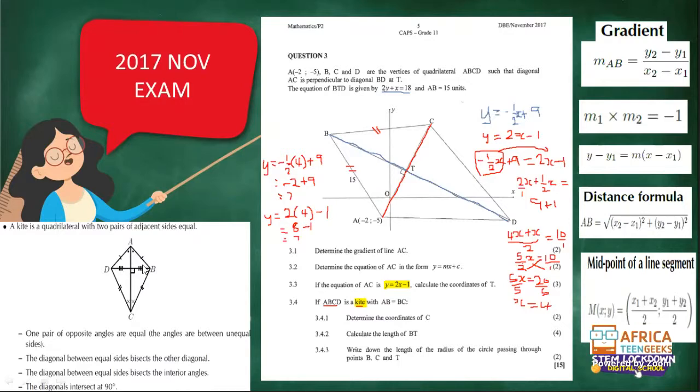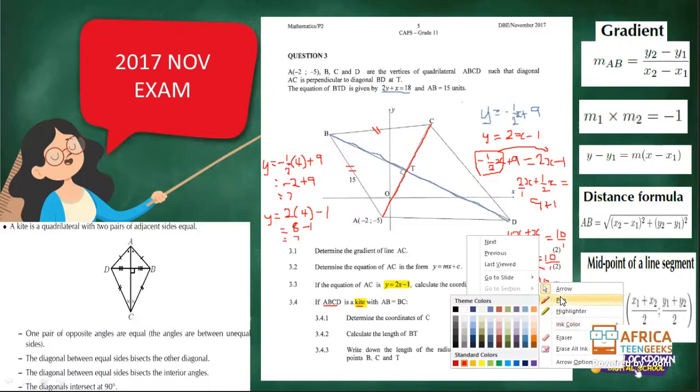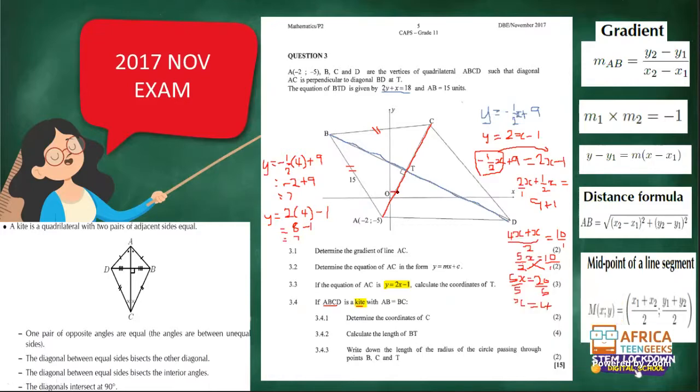There's a relationship in this line. So what you will see is that these AT and TC are all equal. Okay. So now you have AC, which is equal to that.